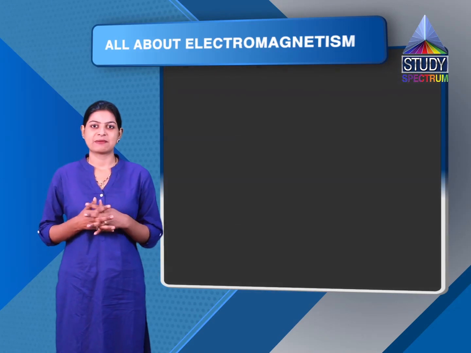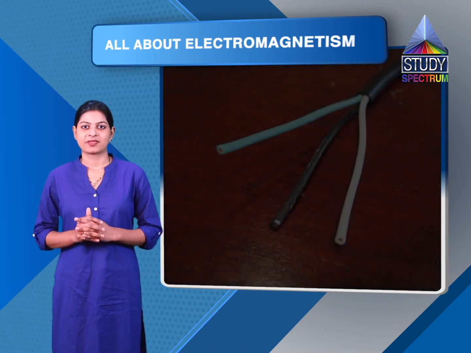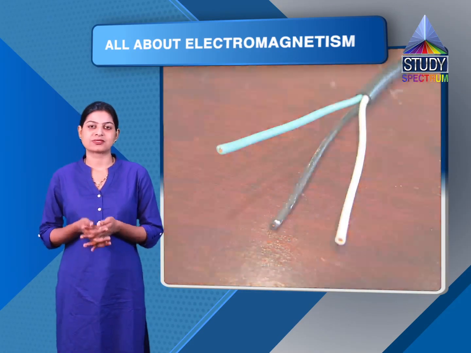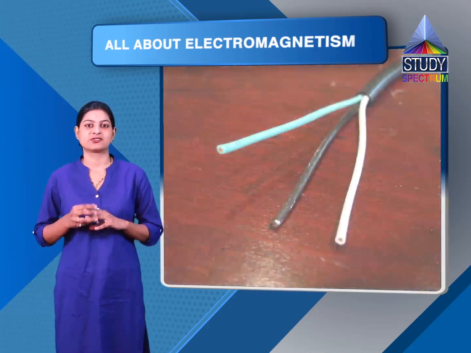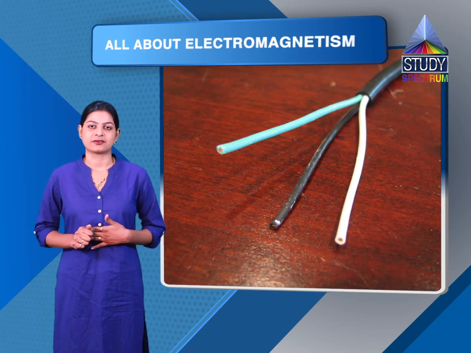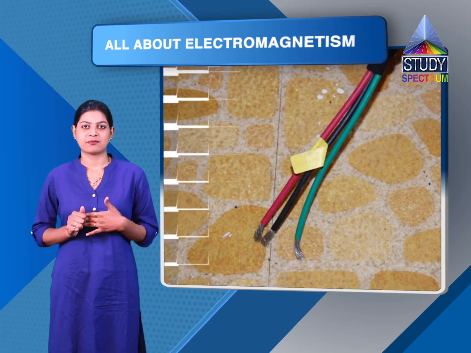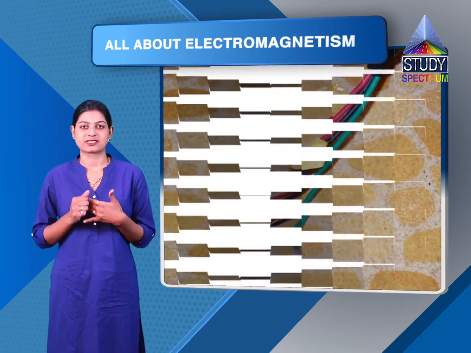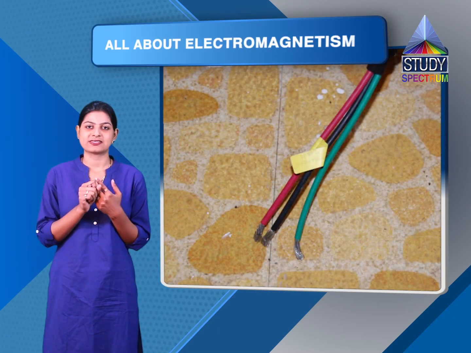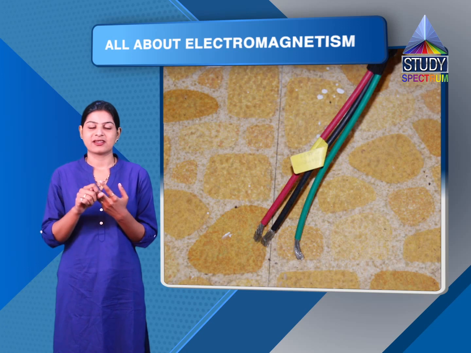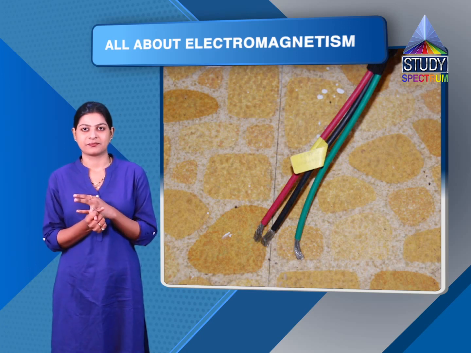While the electric supply is concerned, we always use thick black cables, which consist of three main wires inside. One of them is neutral, the other is phase, which is the live wire, and the third is earthing.